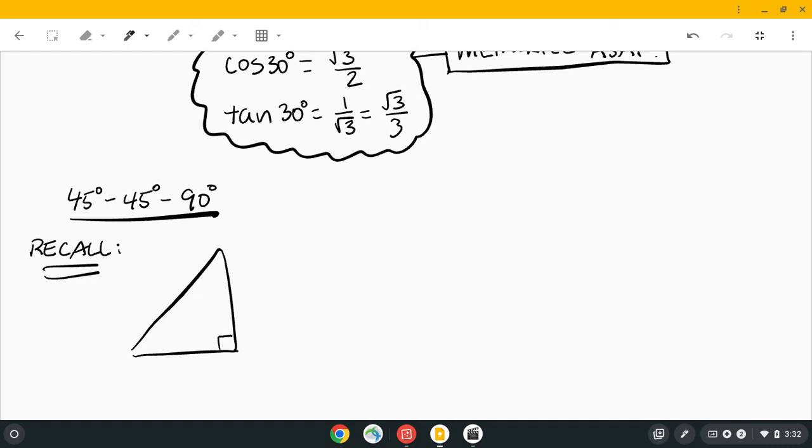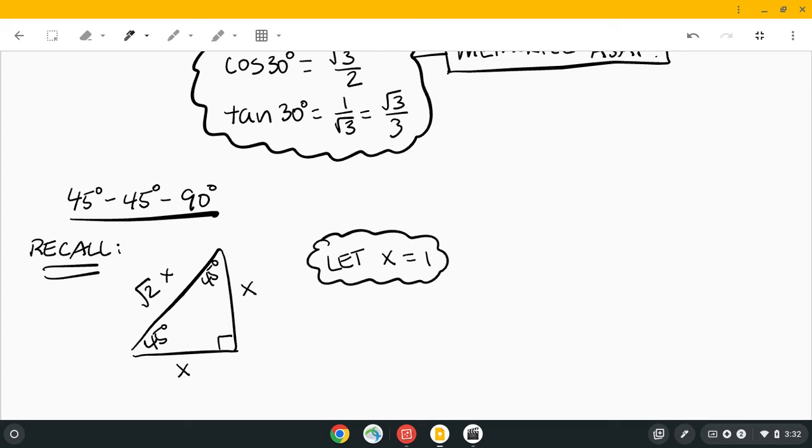These two angles were 45, which means these two sides are going to be the same, and the hypotenuse turns out to be square root 2 times x. Just like above, for simplicity's sake, let's let x equal 1. Then I have 1 here, and square root 2 over here.